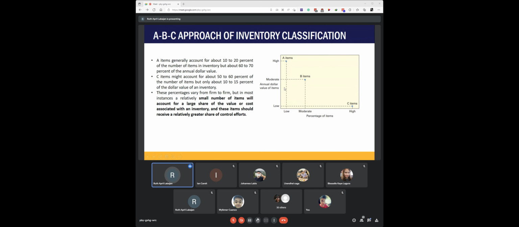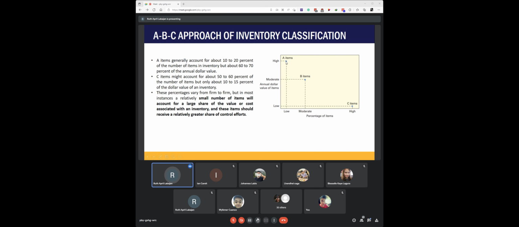Now, usually A items, the very important items, are only a few among the inventory. So let's say you have 10 types of inventory in your company. Okay? So around 10 to 20% of those inventory items, okay, will be classified as A items.